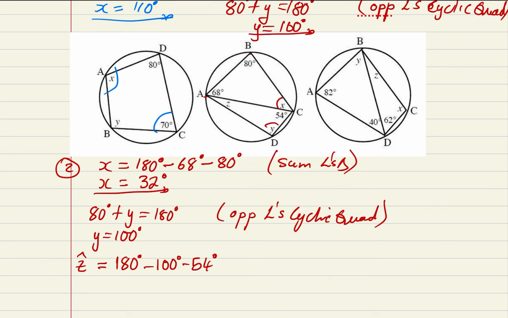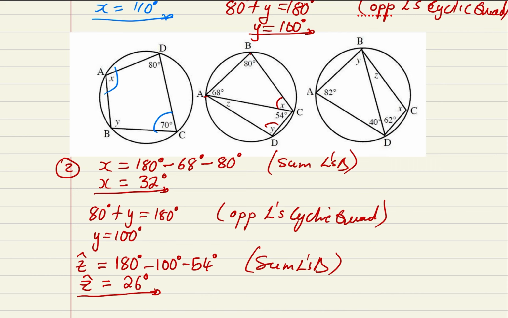We say so because this is the sum of the angles in a triangle. So angle z here will be equal to 26 degrees. That is how we do it, guys.